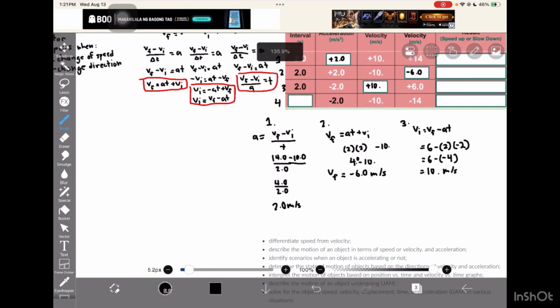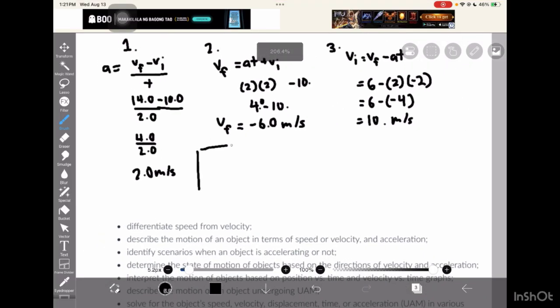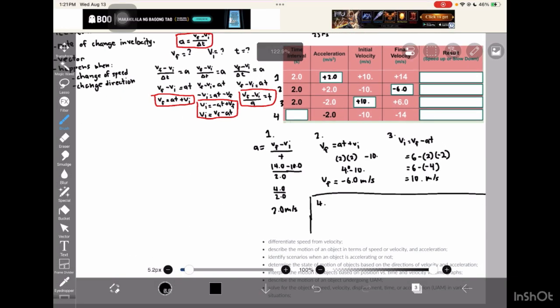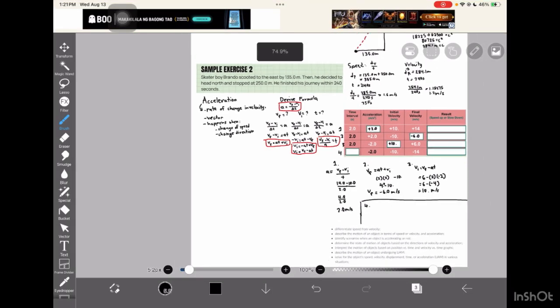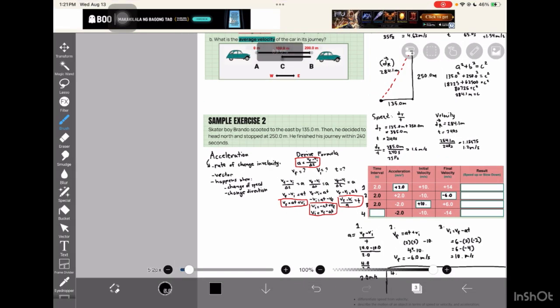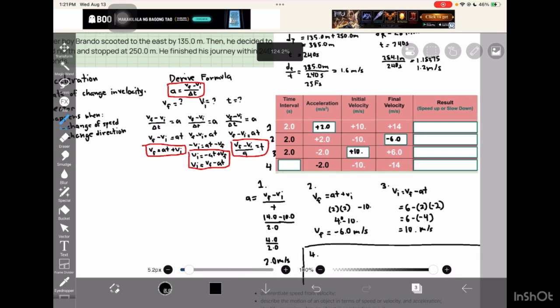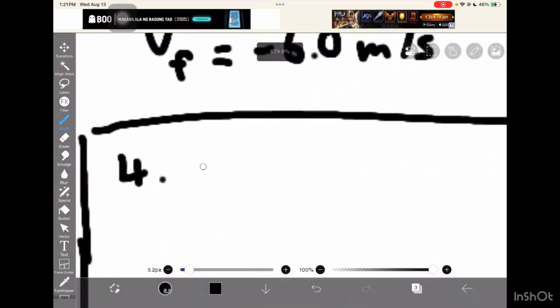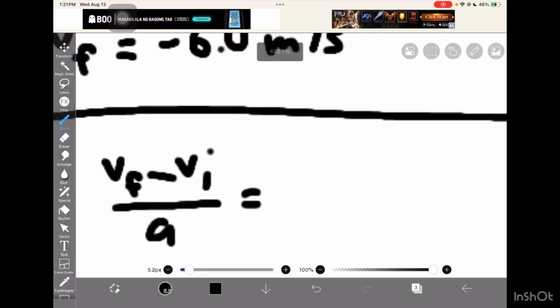And then lastly, we have the time interval. Let me just make a little box here so it's not too confusing. Number 4. Sorry, time interval missing, so we have to use this one with t. V sub f minus v sub I all over a is equal to t.